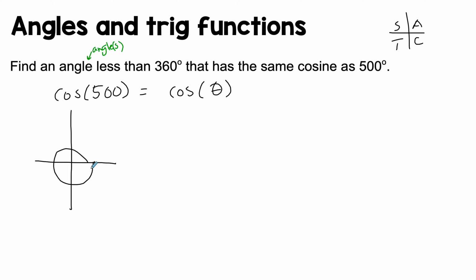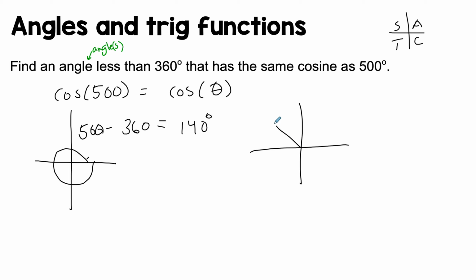So you have the 360 here, and then you go a bit extra on top. So in order to know what this extra bit is where you're returning, just have 500 minus 360, and that's going to give you 140. So we are now nicely within something less than 360. So 140 is here.